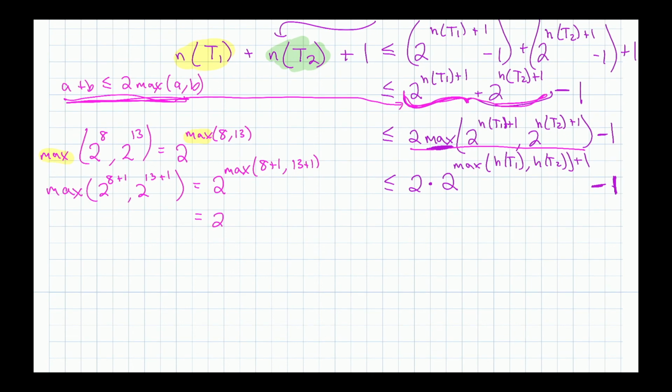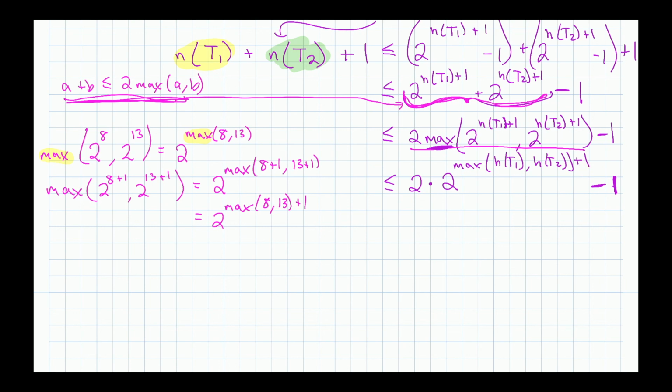So you can write it like this. You can do the max of the 8 and the 13, and then add a 1 on the outside of the maximum, and that's going to give you the same result, right? The maximum of 8 and 13 is going to give you 13, and then you add 1 and you get 14. Well, that's just the same as if you took the maximum up here and got 14 from this. So it was sneaky there, and this had a plus 1 and this had a plus 1, but rather than put that in the max, I put the plus 1 outside of the max.